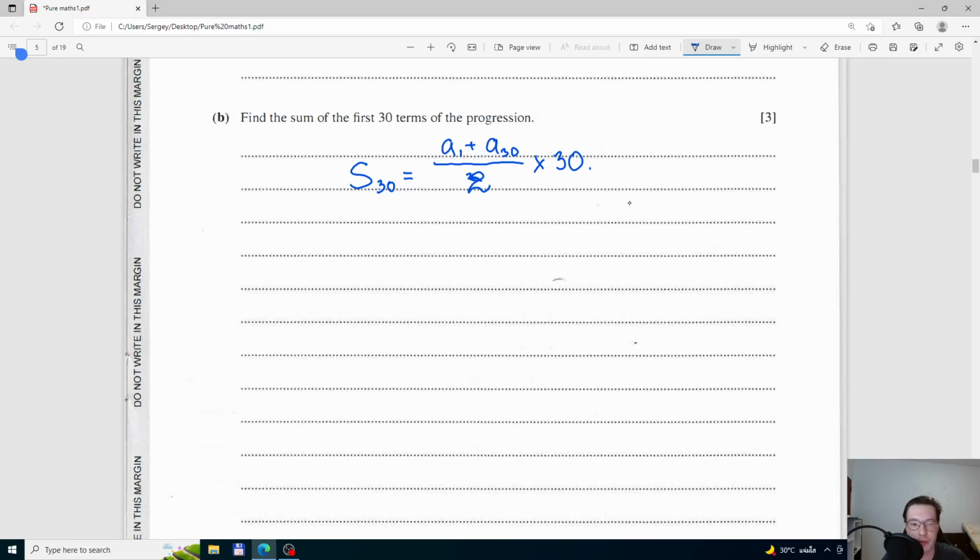Now, in this formula, I will need to know a30. I will use the formula for the nth term of an arithmetic progression, which is a1 plus d times (n minus 1).